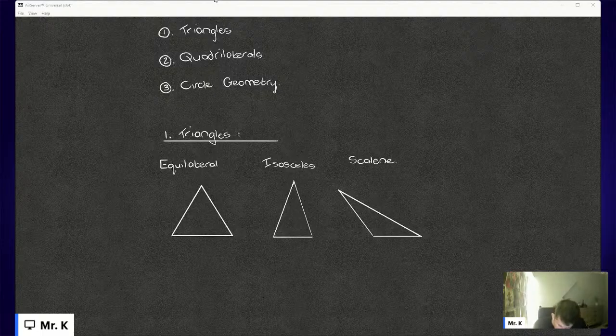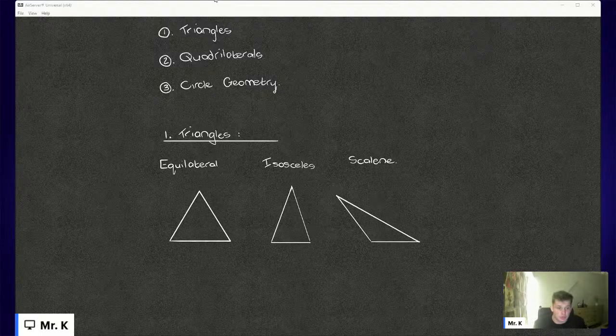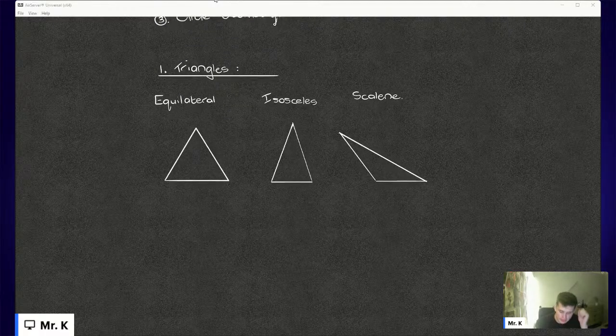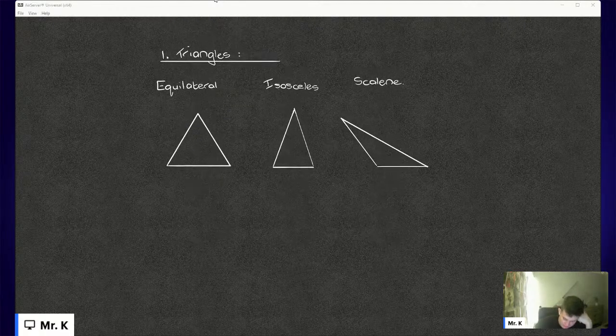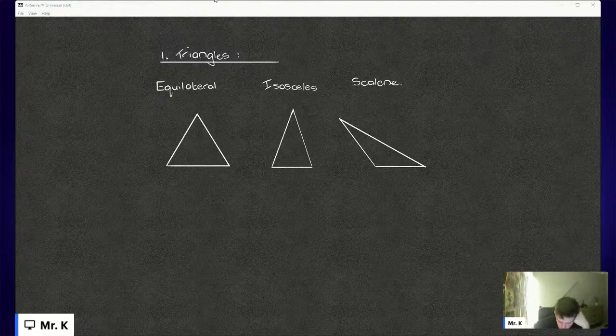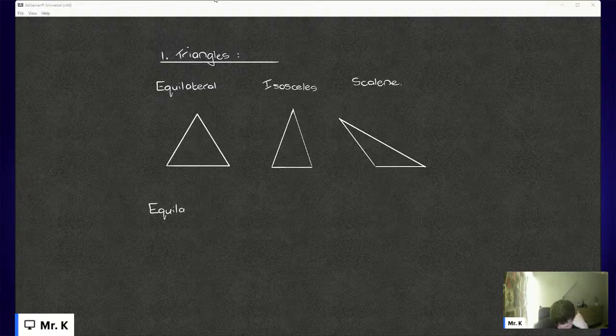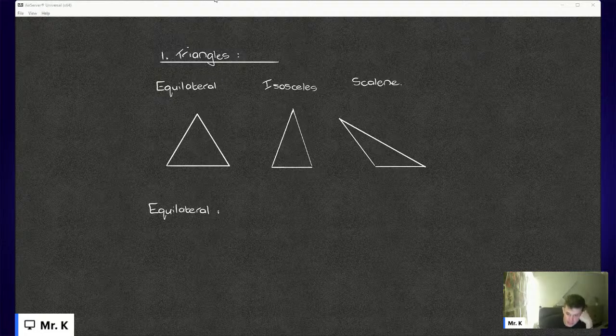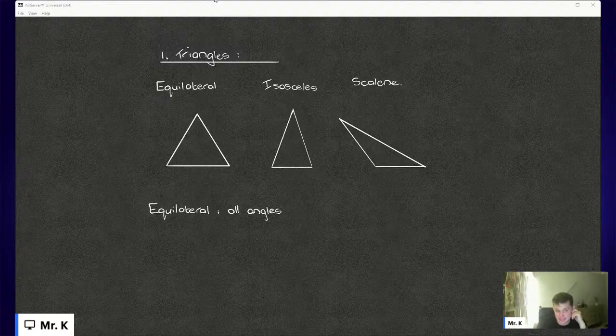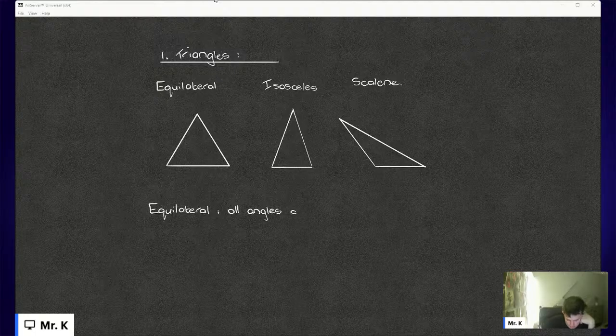Now, there is a lot for us to understand when it comes to the properties of triangles. When we discuss the first kind of triangle, equilateral triangles, we need to know its defining features or properties. Equilateral triangles, all angles are equal in size. I would recommend you guys use color for this section of work if you can. Okay, all angles are equal in size.